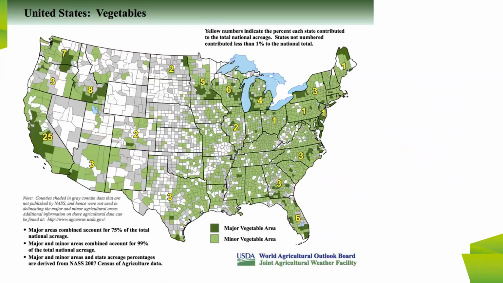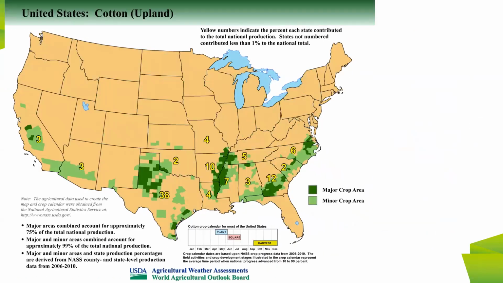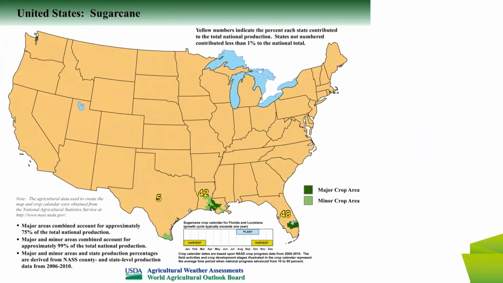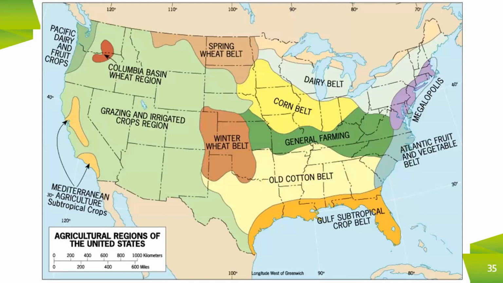Vegetables, oranges, apples, cotton, peanuts, sugarcane, milk cows. And of course, there's some in Oregon. If you've ever driven down south, cattle. Okay, so yeah, agricultural regions of the United States here. Good to know what your country's like.